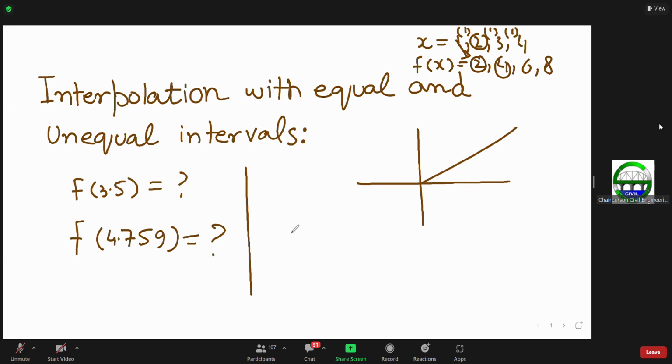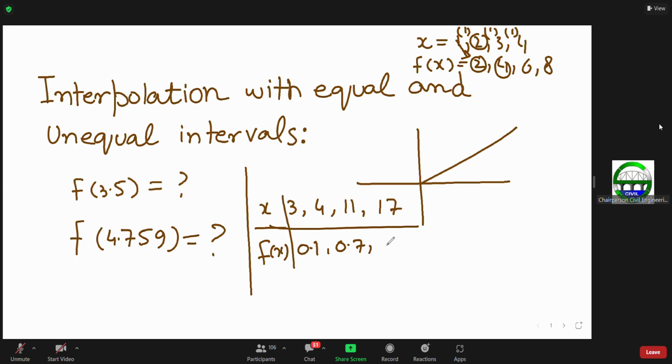But it will be more complicated if you have a series like x equal to 3, 4, 11, 17, and corresponding f(x) values of, let's say, 0.1, 0.7, 0.9, 1.7.